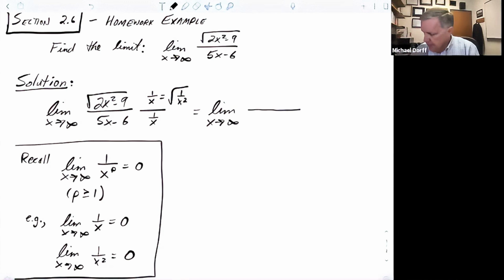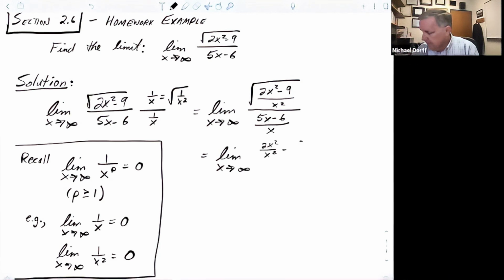So on the bottom, I'm going to divide everything by x. And in the top, I have my square root. I'm going to write my 2x squared minus 9 and divide everything by x squared. All right, so then that gives me, in the top, 2x squared over x squared minus 9 over x squared, and that's all under the square root. And then on the bottom, I have 5x over x minus 6 over x.